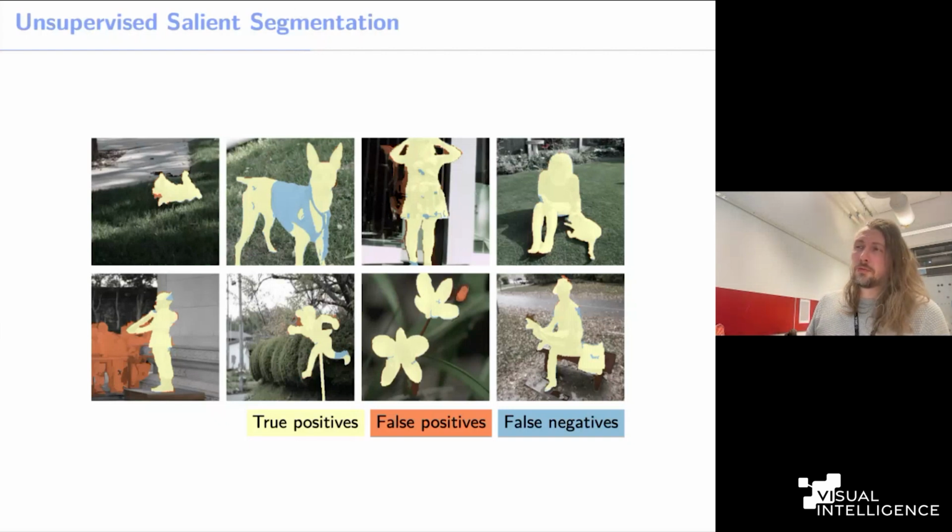Our model performed quite well, because we don't need to do any type of upscaling, since the superpixels themselves correspond to the image with pixel level granularity. So we achieved quite good results in this zero-shot salient segmentation task.